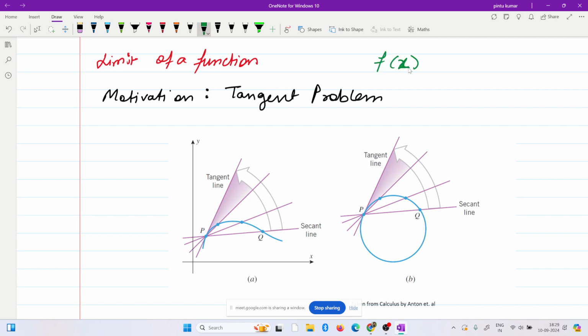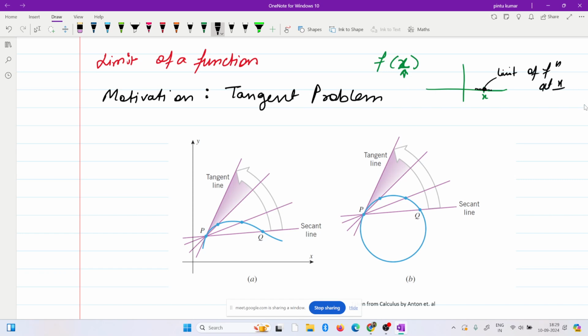Rather than evaluating the function at point x, you want to approach x, keep coming closer to x, and see how the values of the function behave. The value that the function attains in a very small neighborhood of x is called the limit of that function at x. We'll define it more formally.